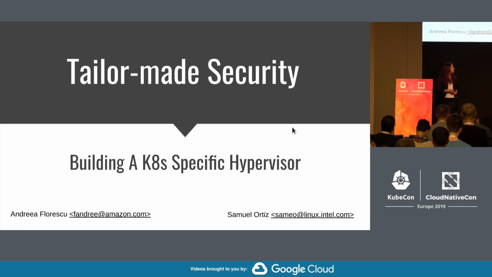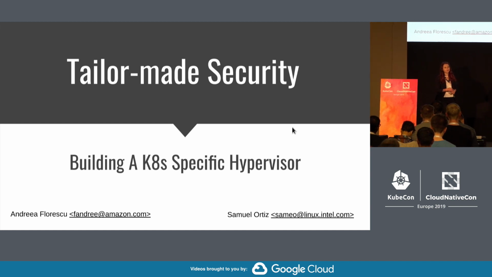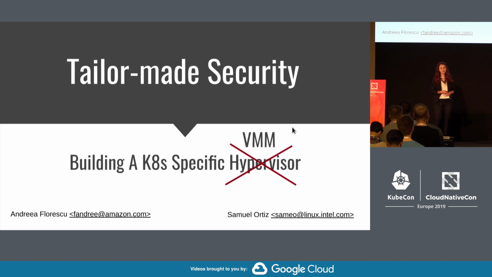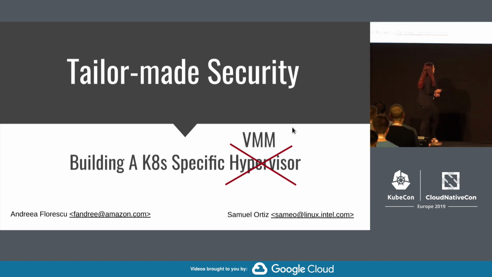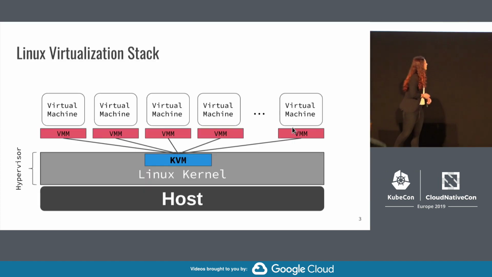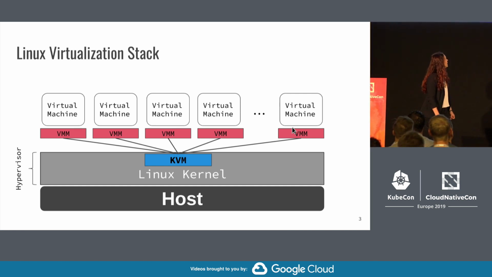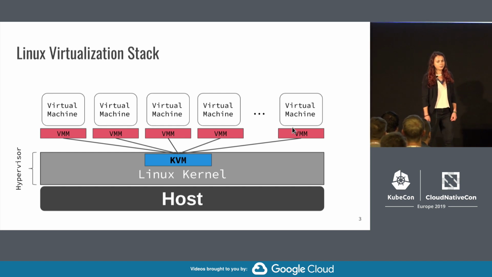I ruined the surprise, but yeah, so today we are actually going to talk about building a Kubernetes-specific VMM and not a hypervisor. And to understand why I'm saying that, let's just look a bit at the typical Linux virtualization stack. So we have the Linux kernel, and inside the Linux kernel we have KVM.